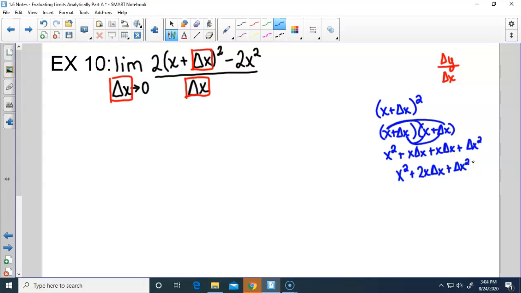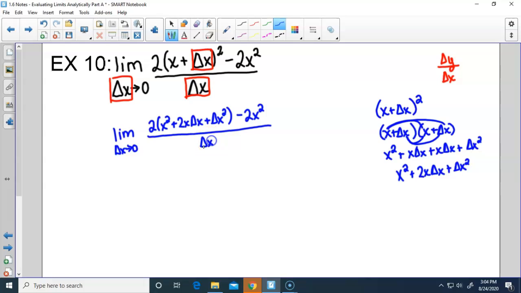So that's what we're going to do here. And we've got the limit as delta x approaches 0 of 2 times (x squared plus 2x delta x plus delta x squared) minus 2x squared, all over delta x. And we need to distribute our 2 here.